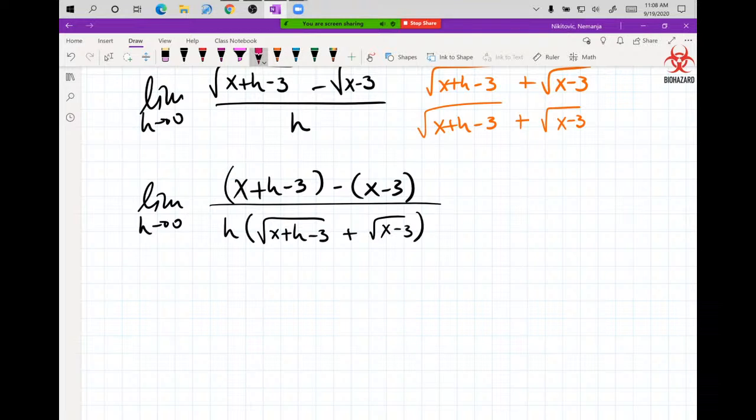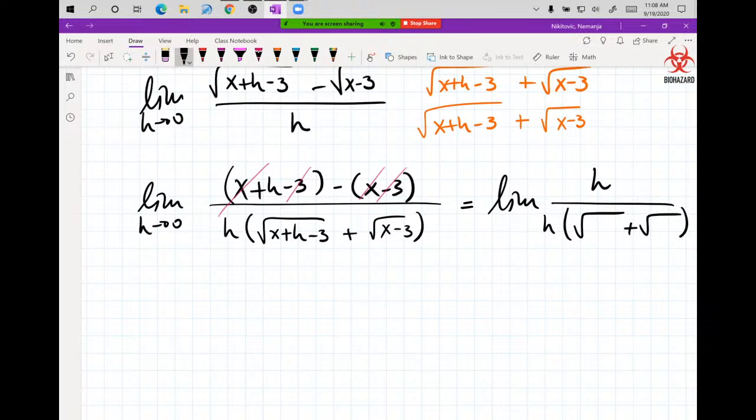On top, I have minus 3 plus 3 is gone, and x minus x is gone. So what I actually have is the limit of h divided by h times this parenthesis. This is where h cancels.